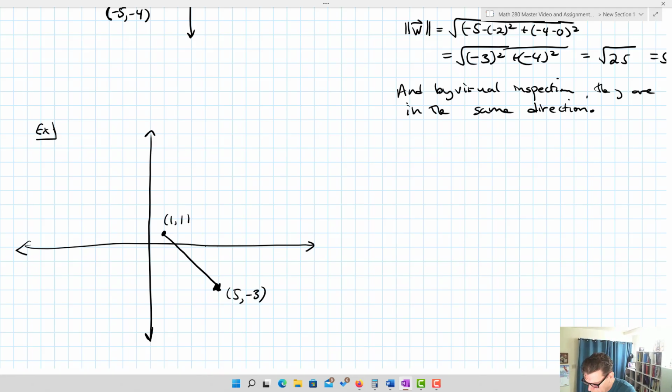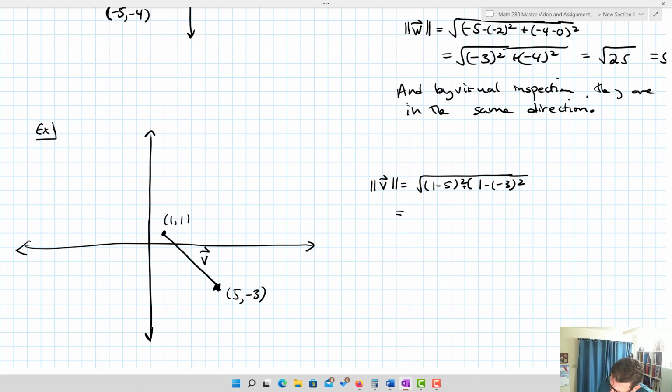And so what I'm going to do is ask, okay, what's the magnitude? So we'll figure that out. The magnitude of this one, we'll call it v again. The magnitude of v is going to equal the square root of (1 minus 5) squared plus (1 minus -3) squared.